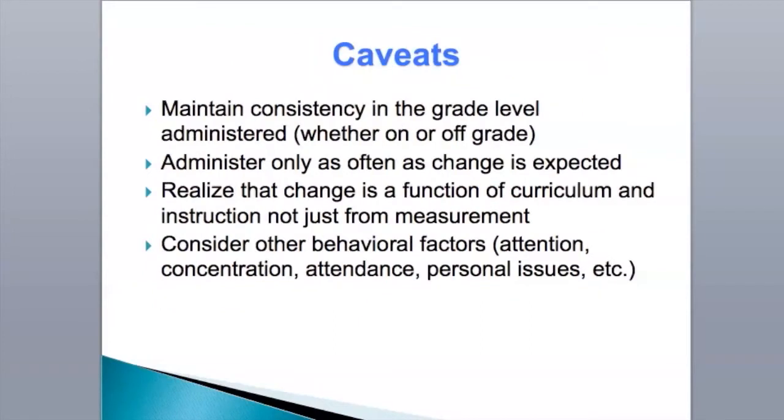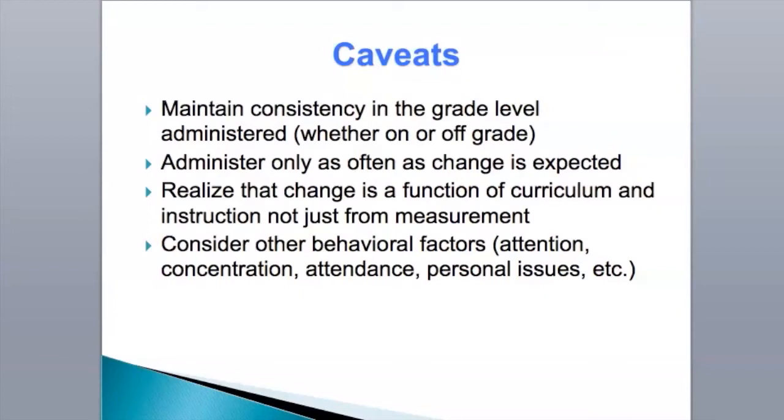A couple of caveats on progress monitoring. There should be consistency in the grade level administered. So if you're using an off-grade measure, then keep to that measure throughout the year to make comparisons over time of one value to the next. Administer as often as change is expected.